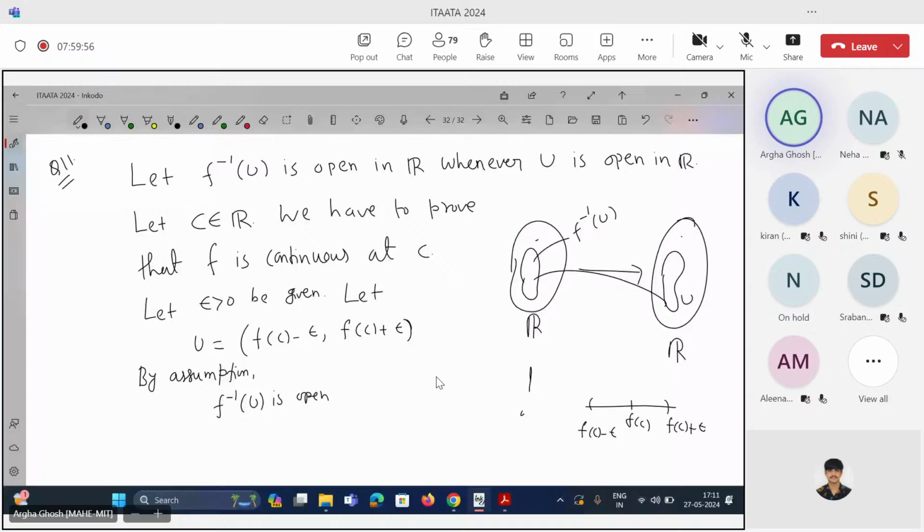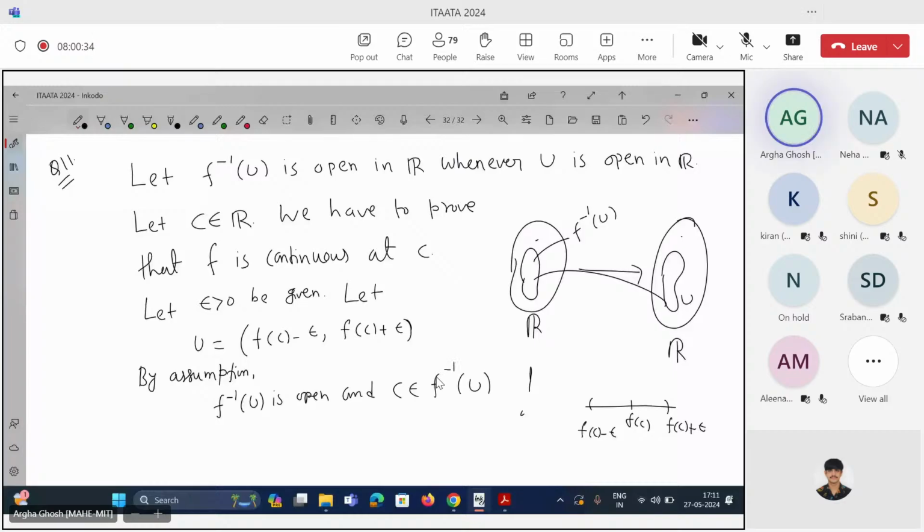And you can see that c is already there in F inverse U. Open means, okay, we need to erase it. And c belongs to F inverse U.